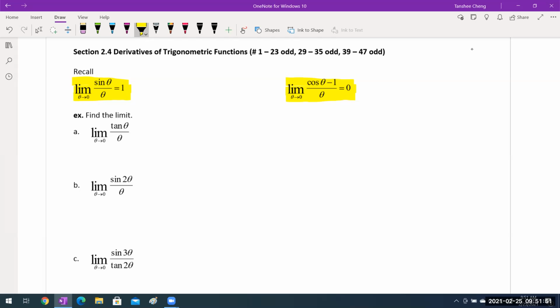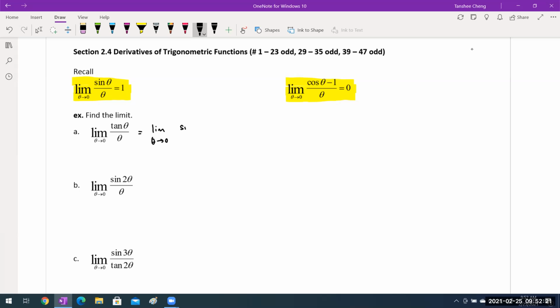So how do we evaluate or find the limit as theta approaches 0 of tangent theta over theta? The idea is we're going to try to rewrite it to use one of these two limit values that we already know. So in this case, I can basically rewrite tangent into sine and cosine.